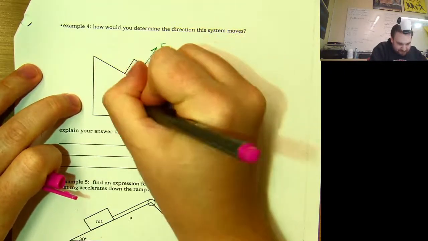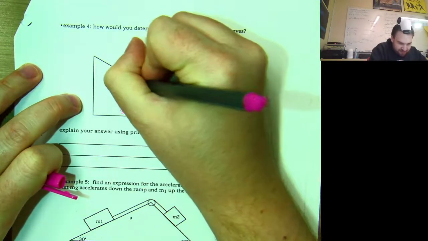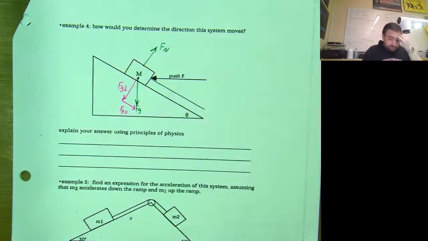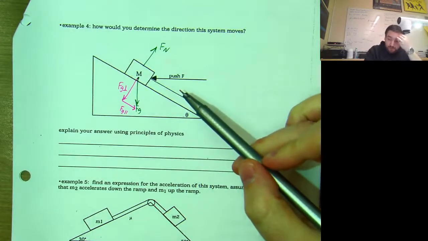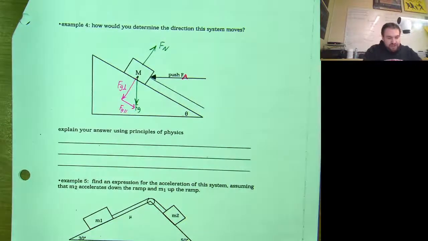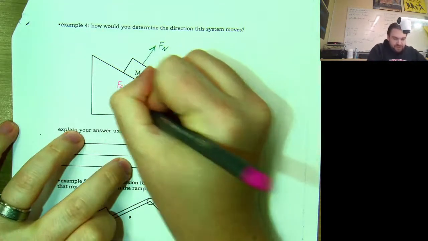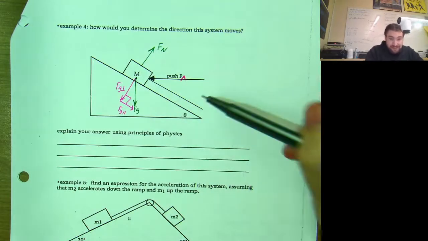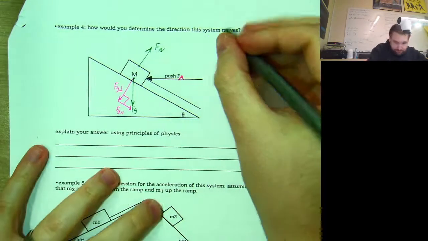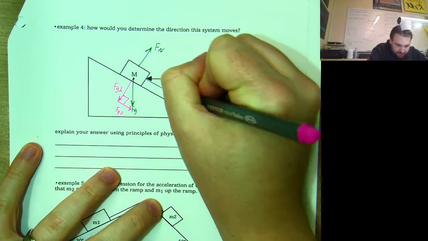Gravity is going to have its components, Fg parallel and Fg perpendicular. But this push force, which we're going to call an applied force here, just like gravity had to be broken up into parallel and perpendicular components of the incline, so does this guy. We're going to need a perpendicular component, and we're going to need a parallel component.